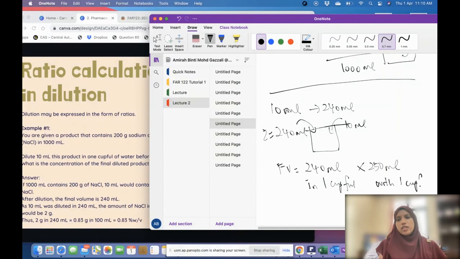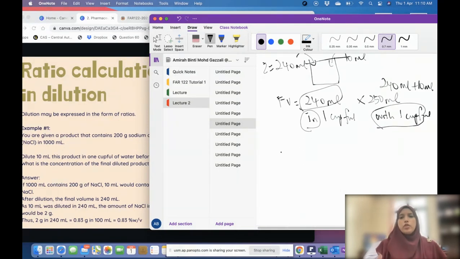So that's the difference. If we say to dilute with 1 cupful, it means 240 ml of water plus 10 ml of the product. But here it said to dilute in 1 cupful, which means the final volume should be 240 ml. Now, you have 10 ml that you dilute, the final volume is 240 ml.